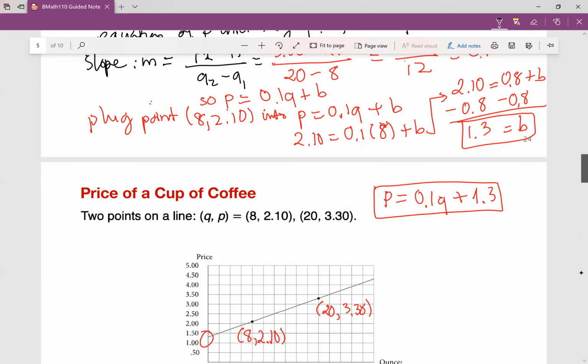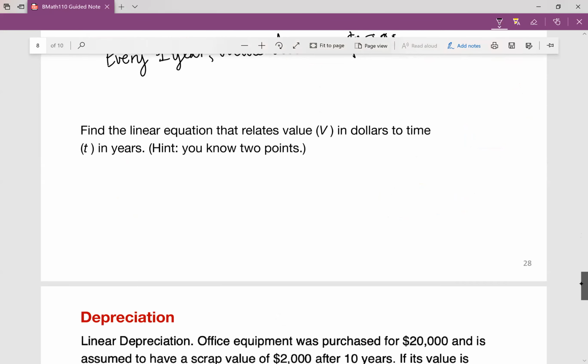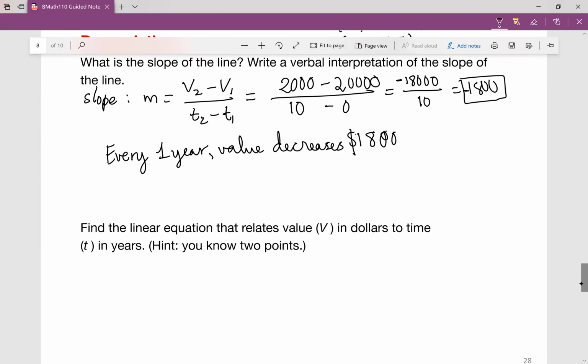Find the linear equation that relates value V in dollars to time T in years. Okay, so the hint was two parts, and you also know the slope is negative 1,800.